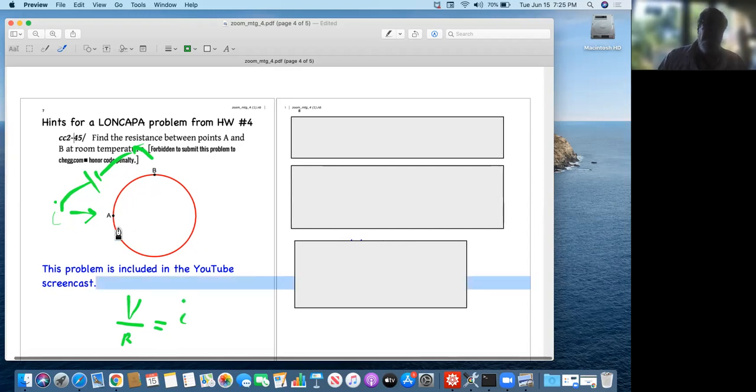But what's the resistance? This is an example of two resistors in parallel. This region of the circle, this quarter circle, is one resistance. And this region of the circle is another resistance. This resistance is 1/4.